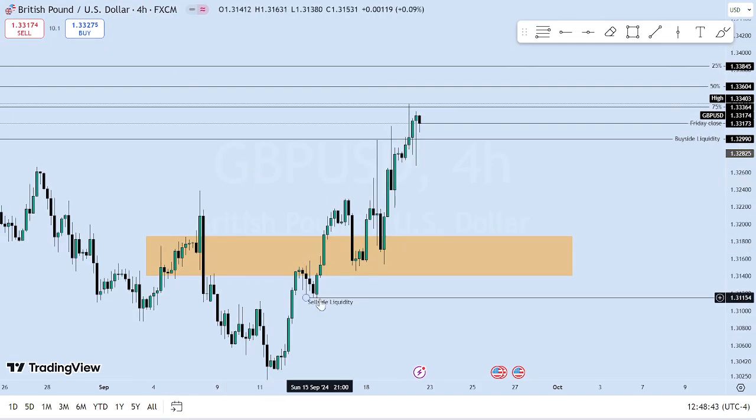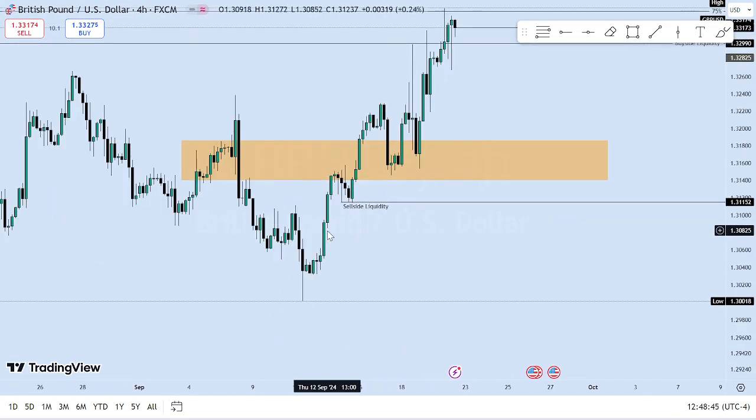Okay, here is a sell side. Here is a fair value gap, a breakaway gap, between here.